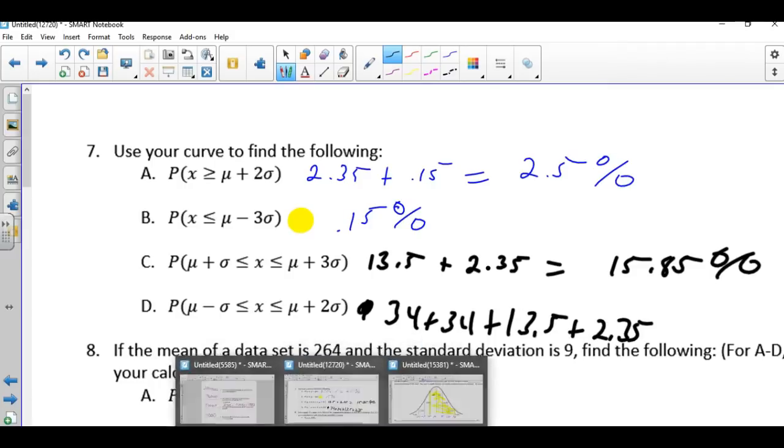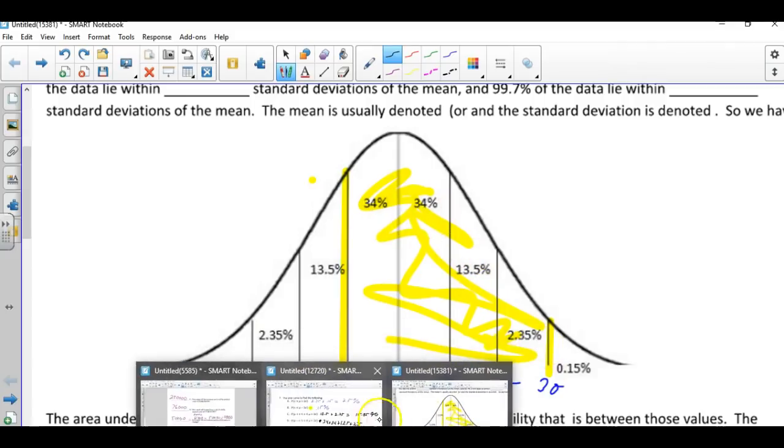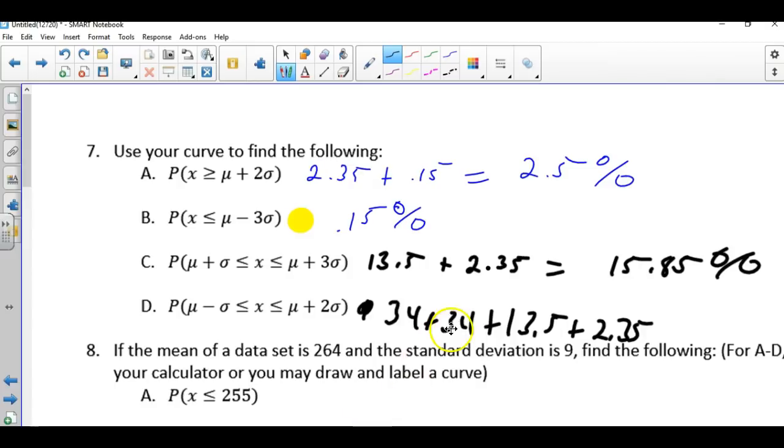Again, let me go back to it so you can see it. Minus 1 standard deviation, then again plus 3 standard deviations, all of that. 2.35, 13.5, 34, 34. And that gives us 83.85. Just add that up, okay?